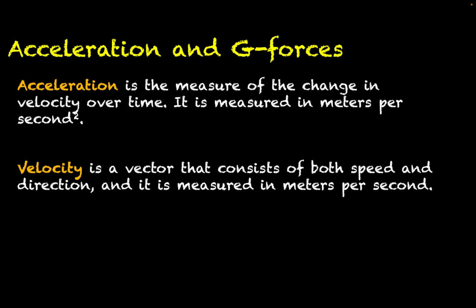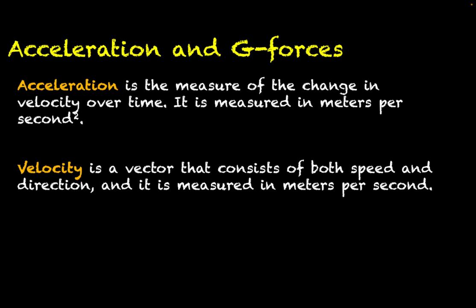Well, velocity includes not only the speed aspect of that, but also the direction. Velocity would be flying 100 miles an hour or 200 miles an hour at a heading of 0 or at a heading of 20. So velocity includes both speed and direction.